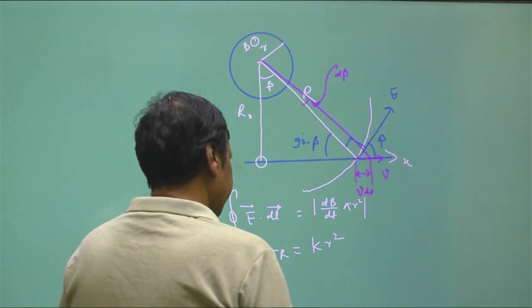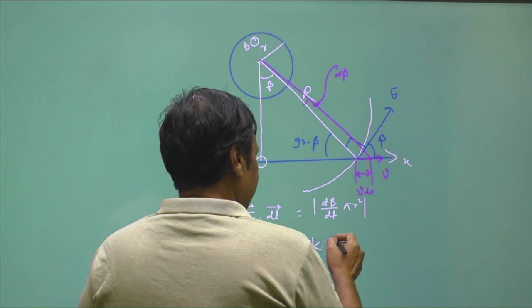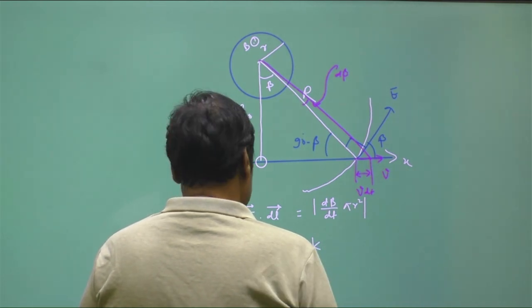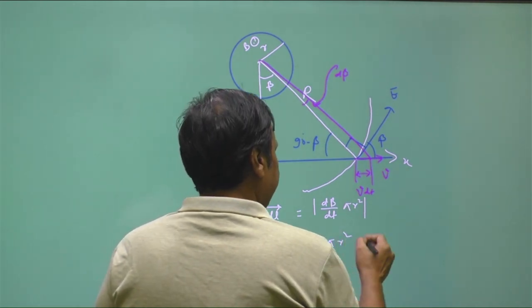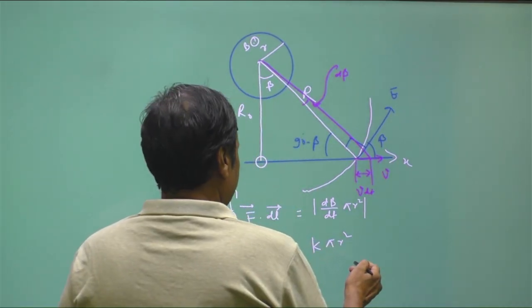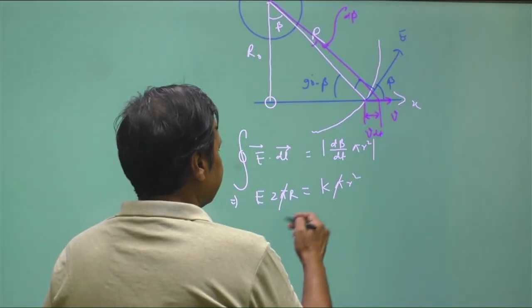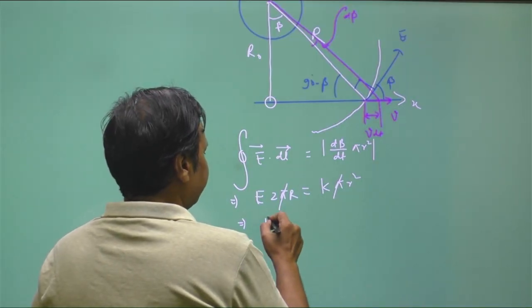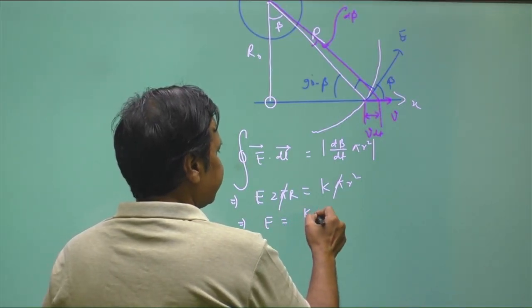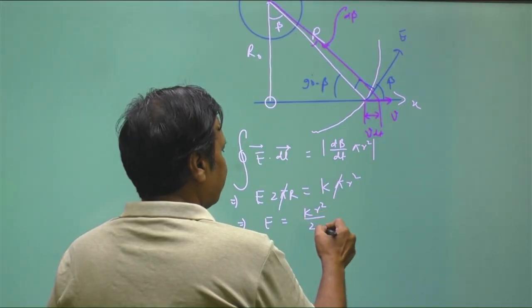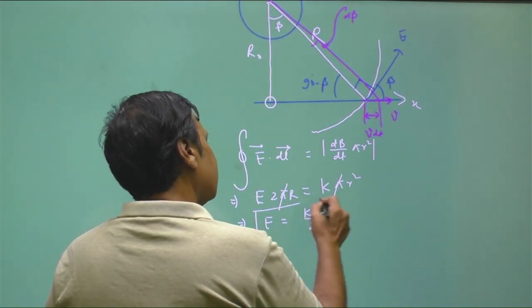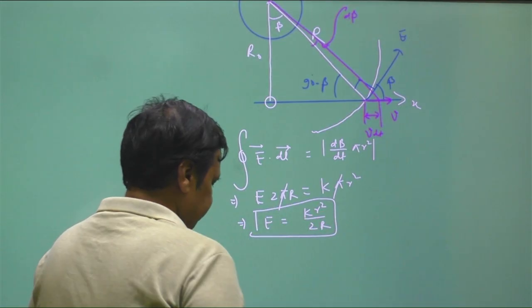So take out of the modulus and write down here k pi r square, not k r square. So k pi r square. And now pi gets cancelled out, and we get electric field equals k r square upon 2r.